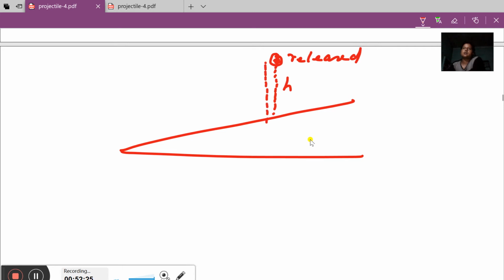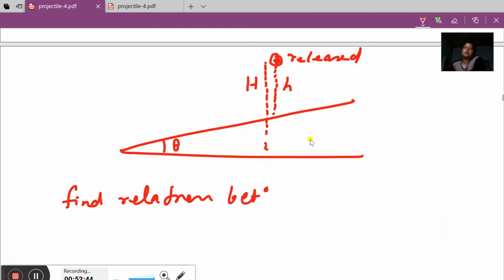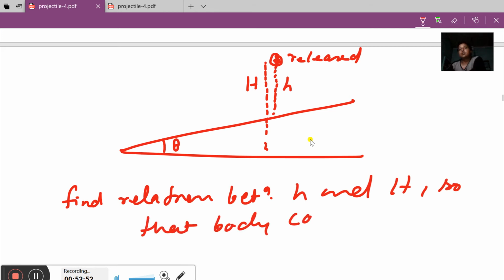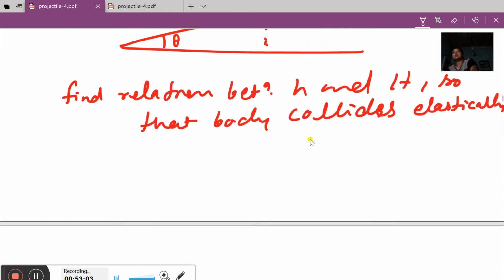Total height is capital H. This angle is theta. Find the relation between small h and capital H so that the body collides elastically.